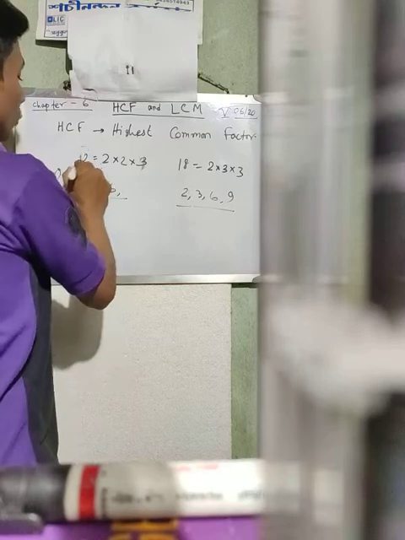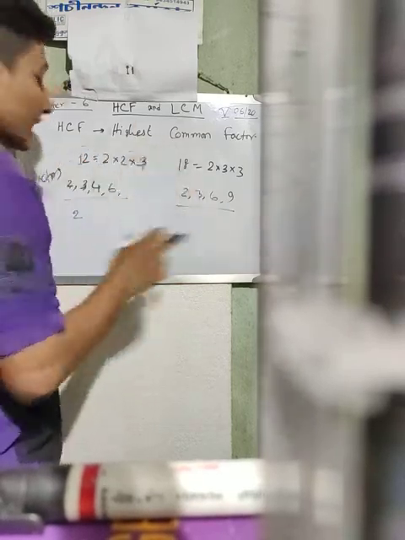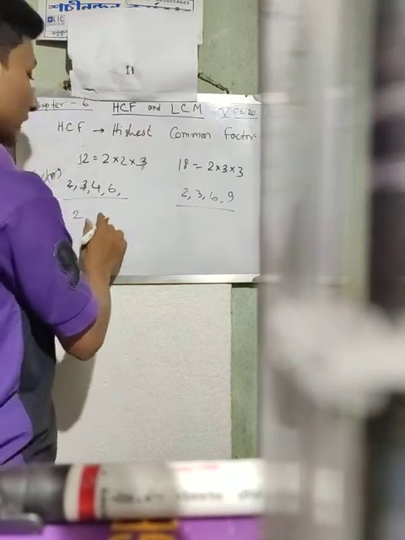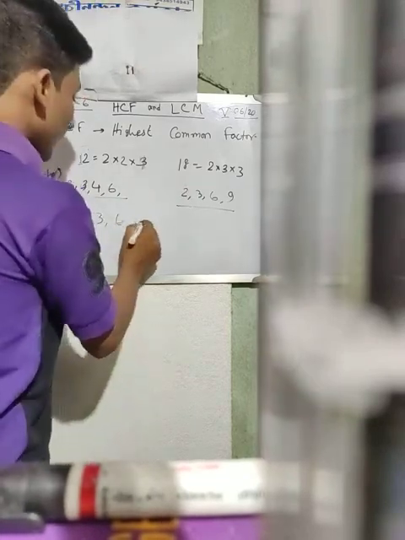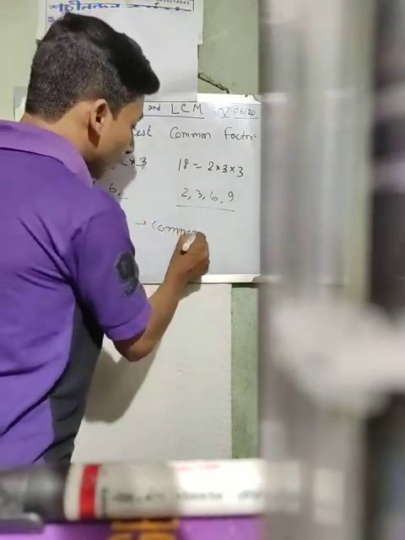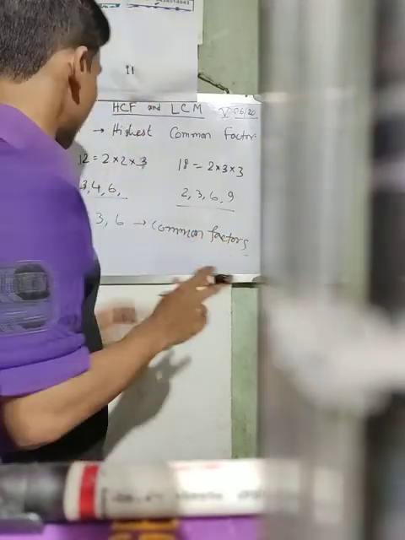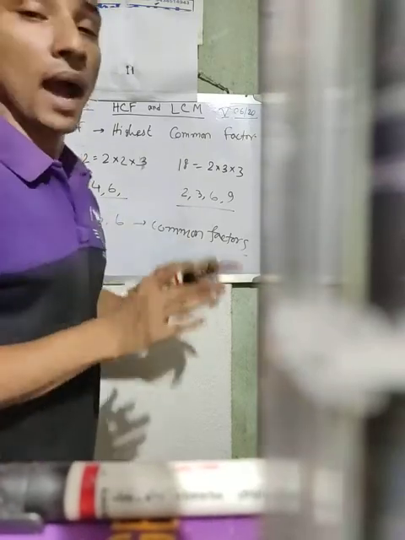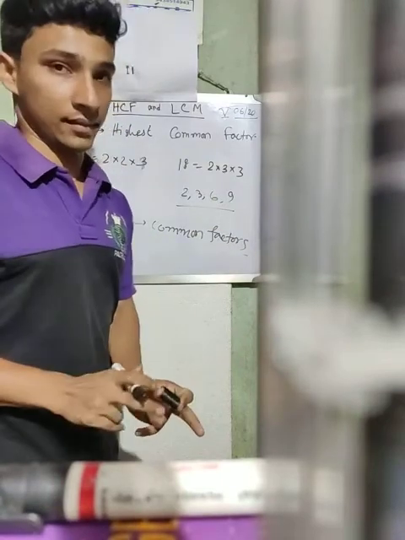We can divide 12 and 18 with the help of 2. Both are divided by 2, both are divided by 3, both are divided by 6. So these are the common factors. Clear? Common factors are the numbers which can divide both the numbers.